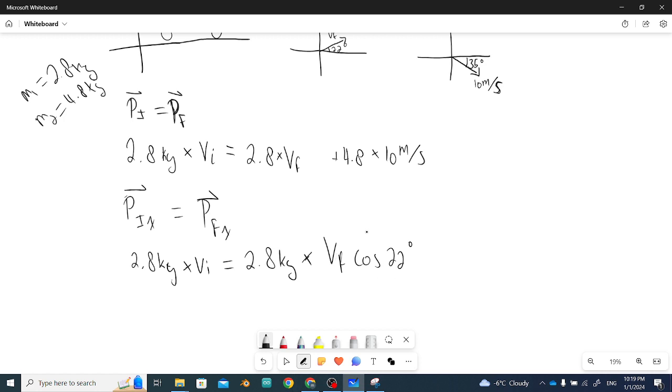And then we can do plus 4.8 times 10 cosine 35.